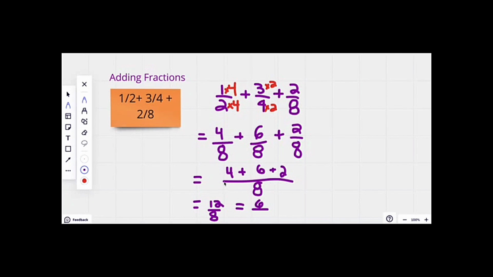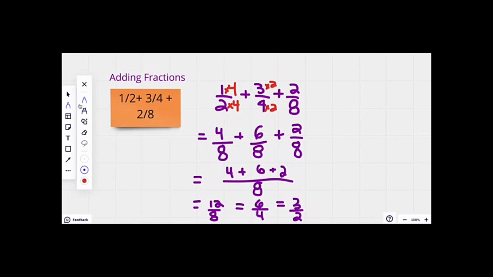Actually, you know what? We can move it even further. So we've got 6/4, which actually can go even further down because we can still divide those 2 by 2, which is 2 goes into 6 3 times, and 2 goes into 4 2 times.